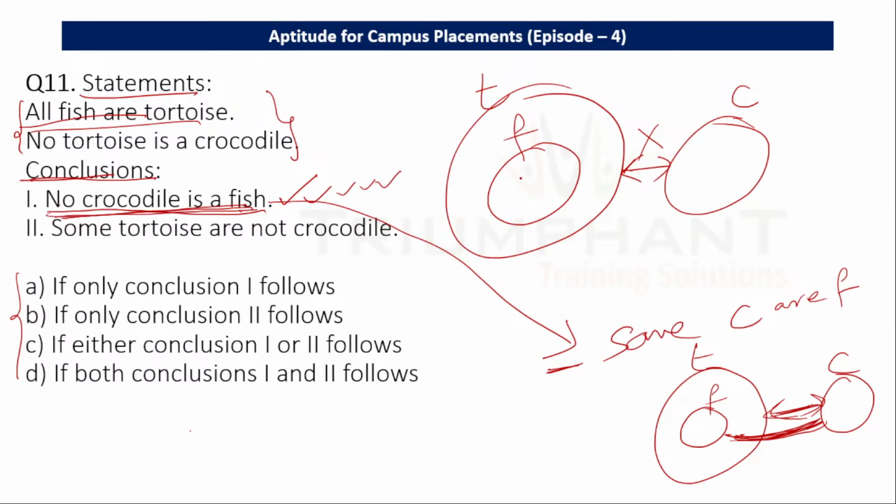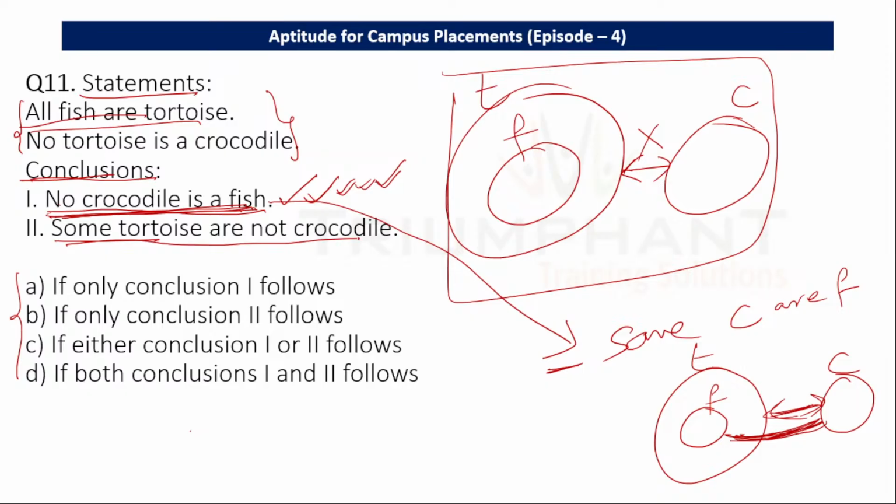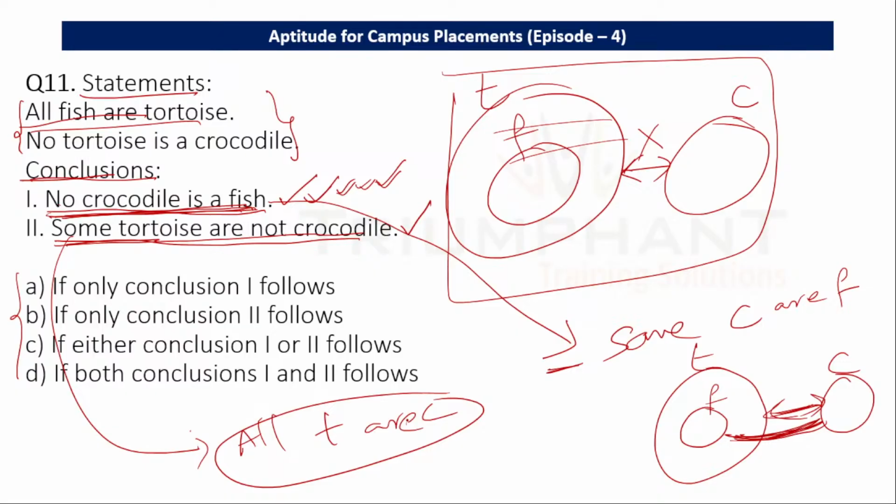Now the second conclusion: some tortoise are not crocodile. Yes, these are the tortoise which are not crocodile. So this negative one is true in the basic Venn diagram. But what is opposite to some tortoise are not crocodile? The opposite of some not is all tortoise are crocodile. So if I can prove all tortoise are crocodile, then I can prove it false.